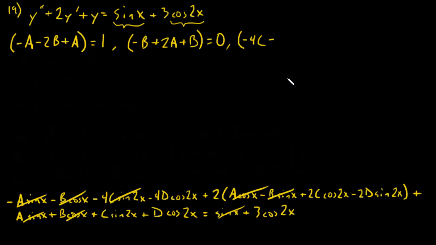Okay, I just closed the window so maybe the noise is a little bit less. So we had negative 4c, and then we're gathering the sine 2x's, so minus 4d, plus c, and that equals 0.